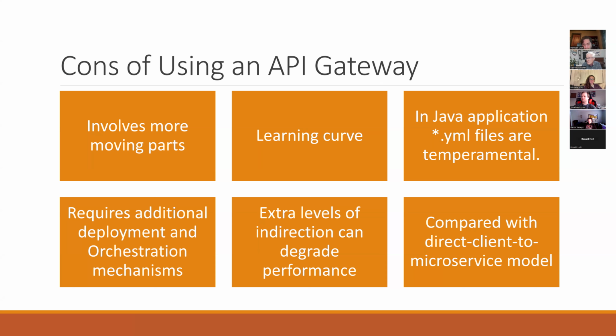There's an extra level of indirection, which means it's harder to debug. Right? So it sounds like the cons are pretty bad. So why in the world would I do this?